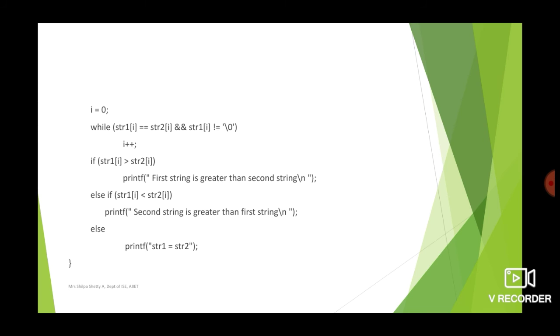So when will the while loop stop? Whenever there is a mismatch, that means str1 of i is not equal to str2 of i, the characters do not match, and the while loop will stop. Or, if str1 of i is not equal to the null character, it will execute.